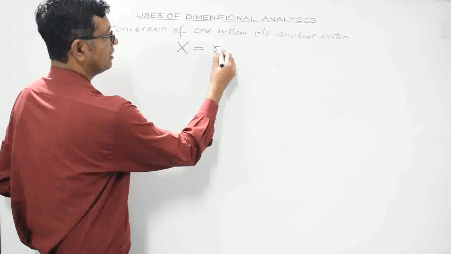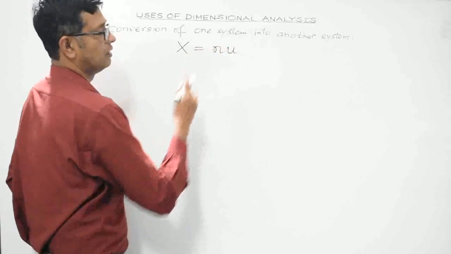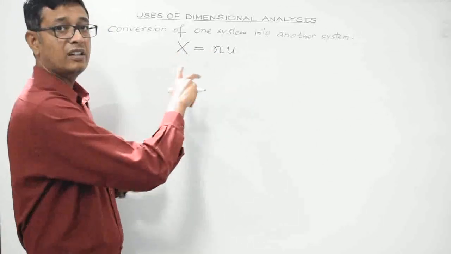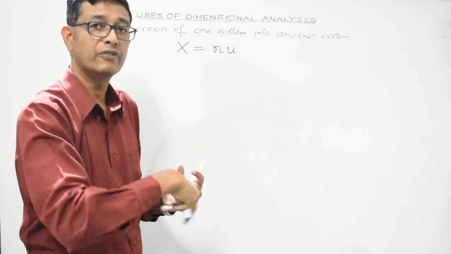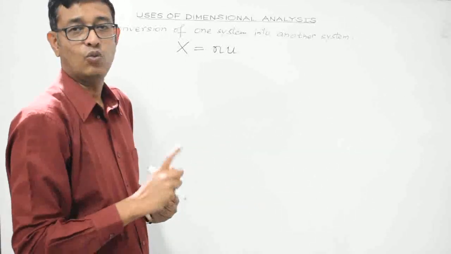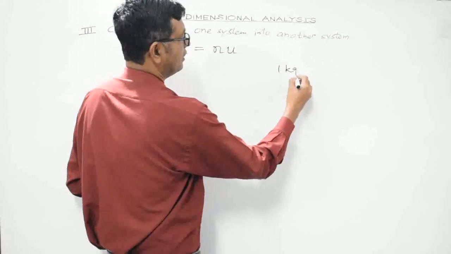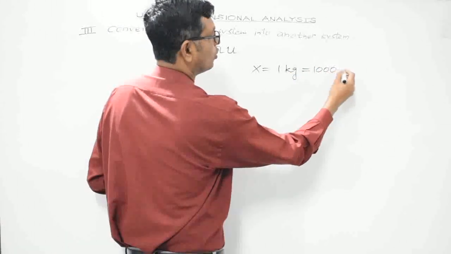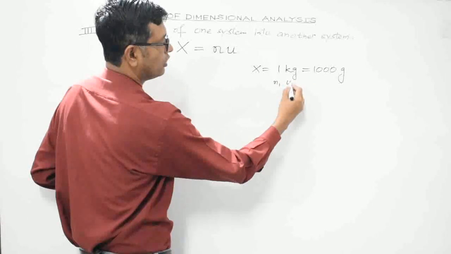Suppose n is its numerical value and u is the size of the unit. Now the numerical value of the physical quantity can change in different systems when we use different units, like 1 kg is 1000 gram. Suppose x is mass, it is 1 kg. It can be written as 1000 gram. This is N1, this is the size of the unit U1.